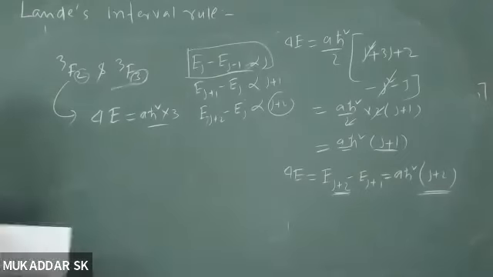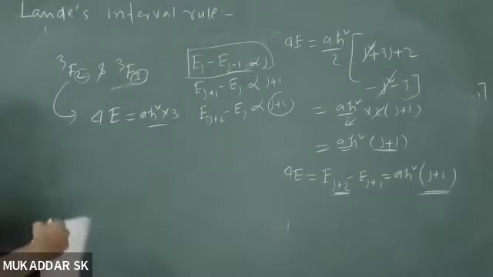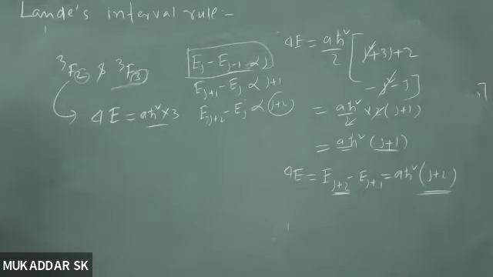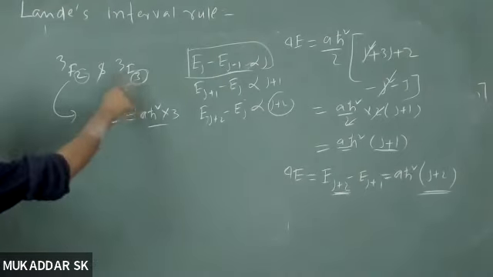So this is the Landé interval rule. By using this rule, you can calculate the energy separation between two adjacent levels. Here I have considered 3F2 and 3F3 for both cases.